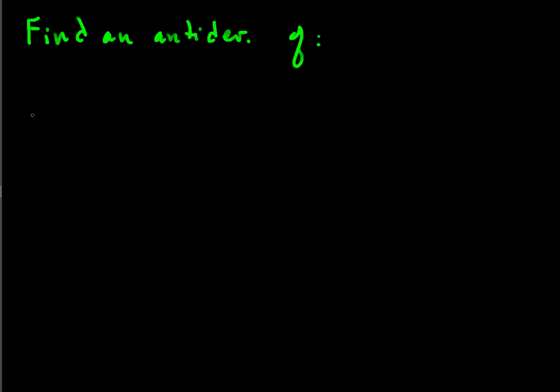So let's say first f of x is equal to 4 over the square root of x. I'm going to rewrite this so we can recognize, like we would in derivatives, that this is some kind of power rule. And so I want to find some function whose derivative is this value here. So let's start by guessing.